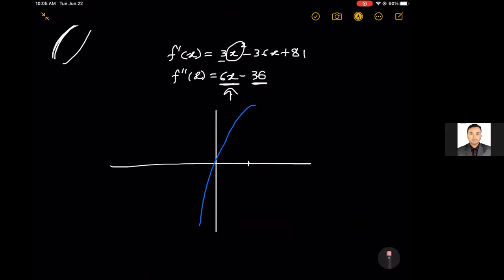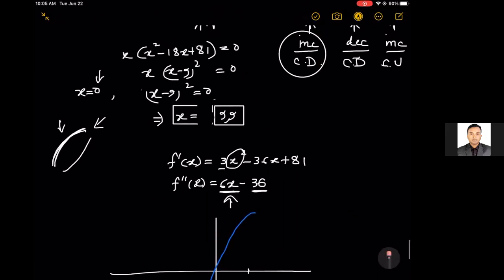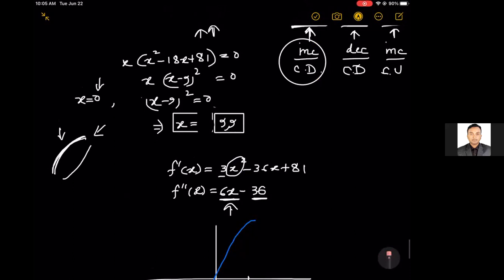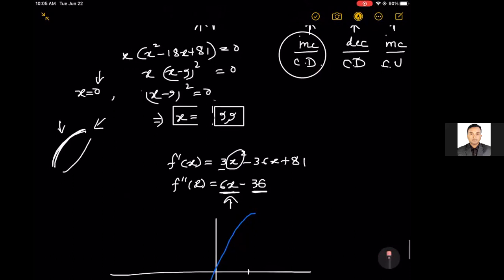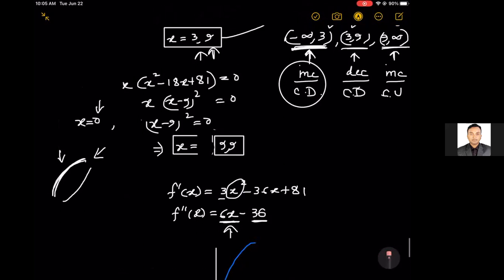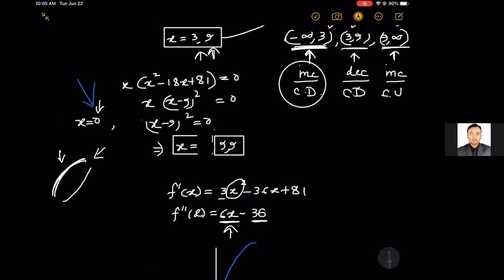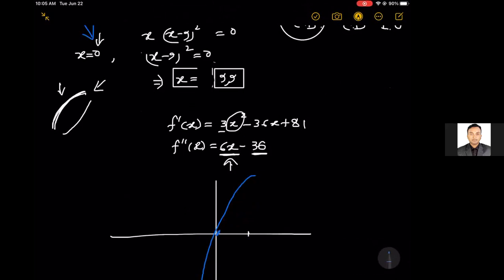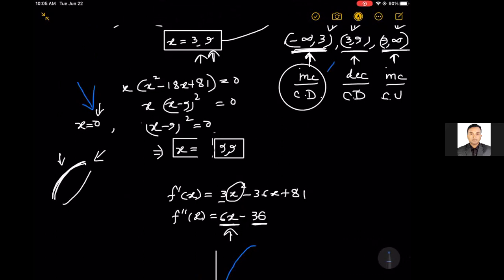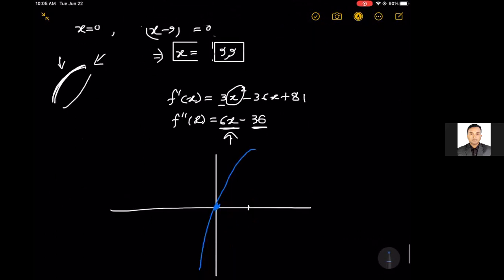Do you agree? I don't want to proceed before you agree with this. You don't need to trust me. You just need to see whether this is actually happening or not. First of all, it's going through x equals 0, definitely, since we have a root there. So that's why we have picked this one. We went through 0, and we have increasing and concave down up to the value 3. So that's my 3.